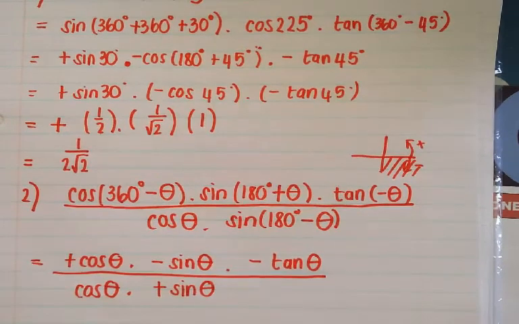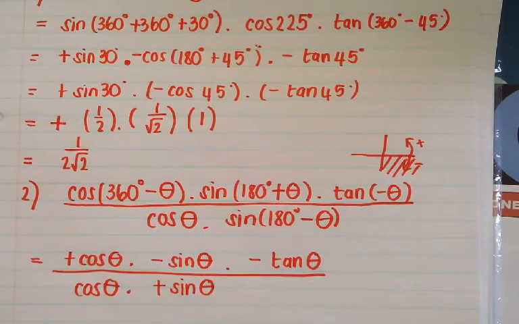Since my thetas are the same, sine theta divided by sine theta, the same thing divided by itself, is just not 0, not undefined, 1. 1 divided by 1 is 1. 500 divided by 500 is 1. Sine theta divided by sine theta is 1. So we can cancel if they are identical.